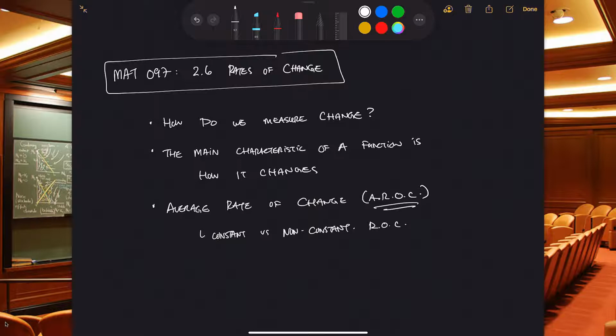And we'll look at the different types of change that we can classify, something that changes at a constant rate or something that changes at a non-constant rate. We'll work with both in this course, and basically that will take you through pre-calculus and calculus, looking at functions with non-constant change, things that change differently per the input or over time. So first off, let's look at how do we measure change.